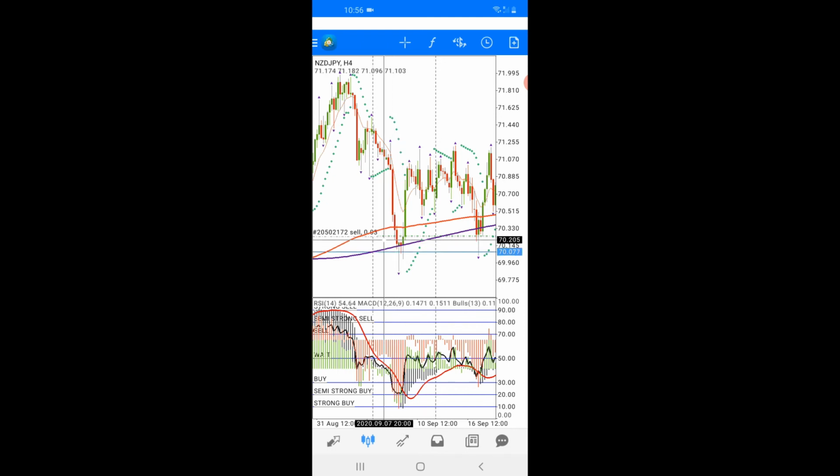Because like I told you, these two moving averages act like support and resistance at the same time. So you wait and see that the market has developed this bullish engulfing candlestick.